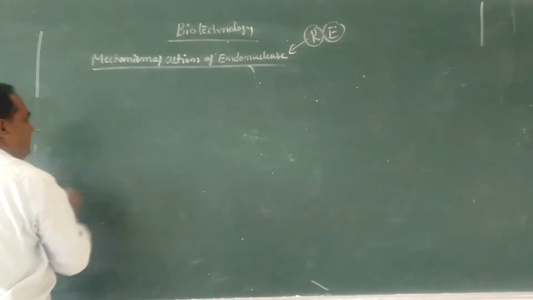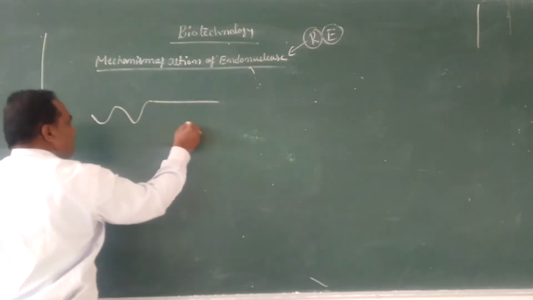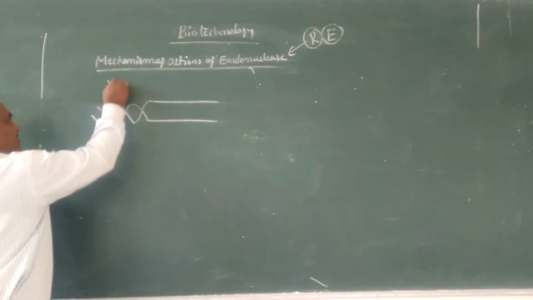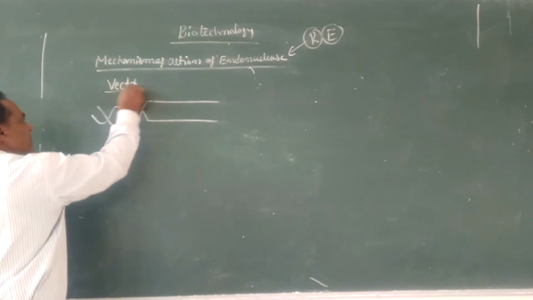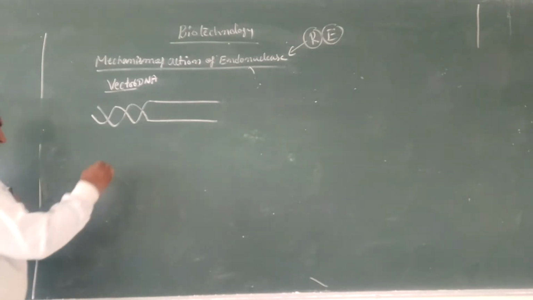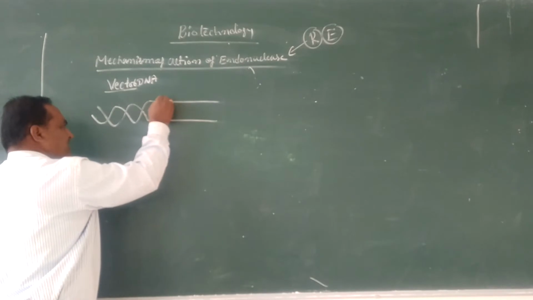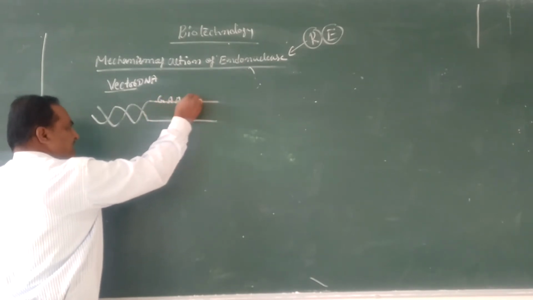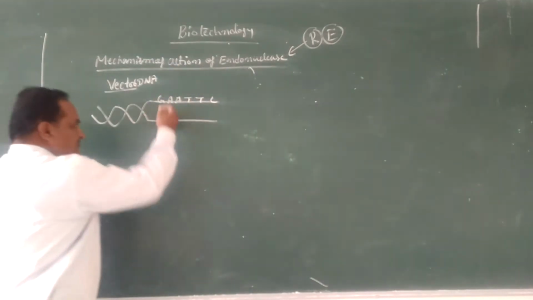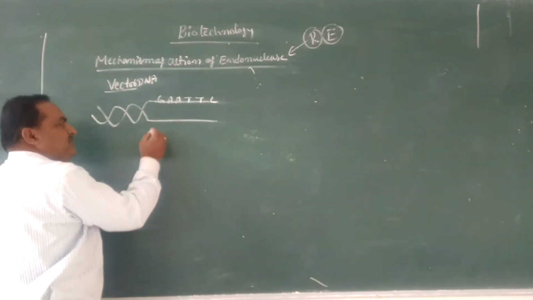Suppose this DNA material is vector DNA. That vector DNA has a palindromic sequence G, A, T, C, and the strand opposite to this has the complementary nucleotide bases.